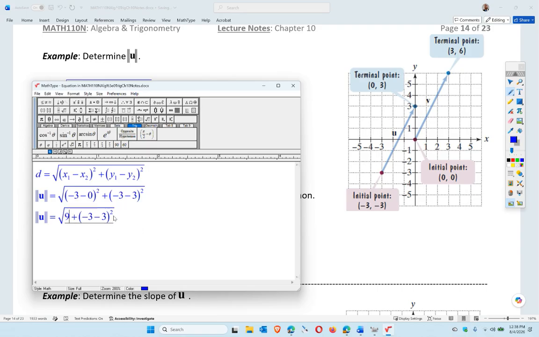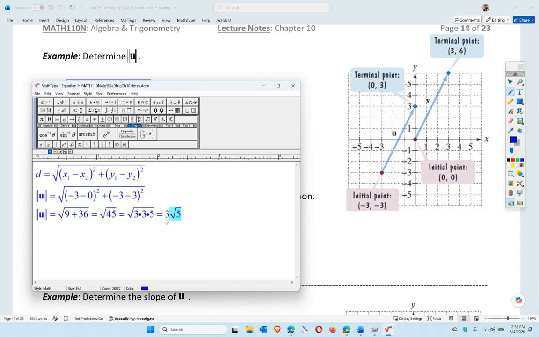And this will be -6 squared, which is 36, correct? So that is the square root of 45, which is the square root of 9 times 5, so that's 3√5, correct? So essentially 3√5 is my magnitude, right?